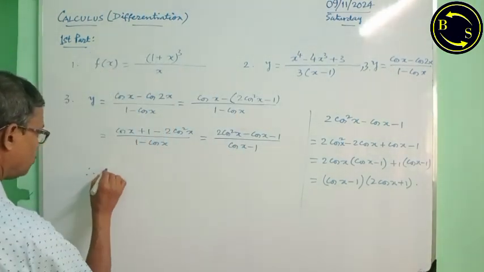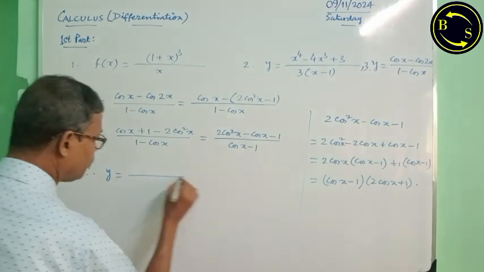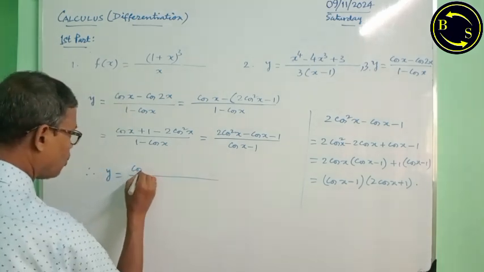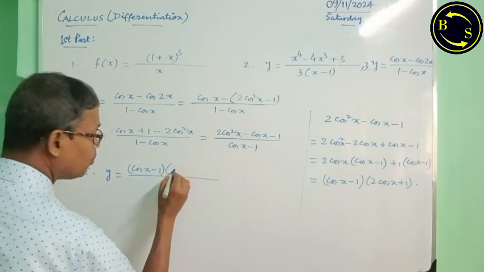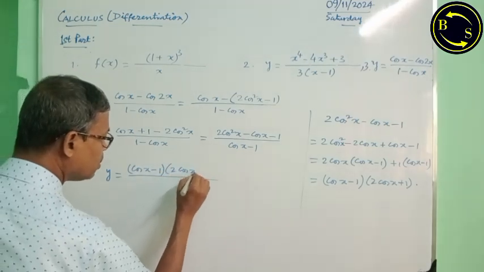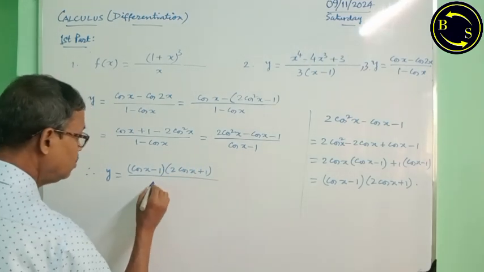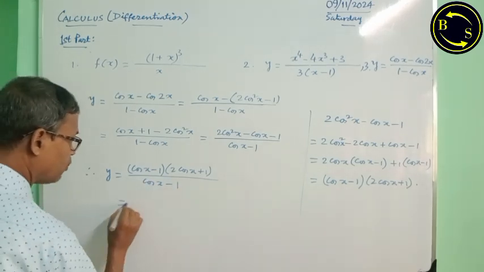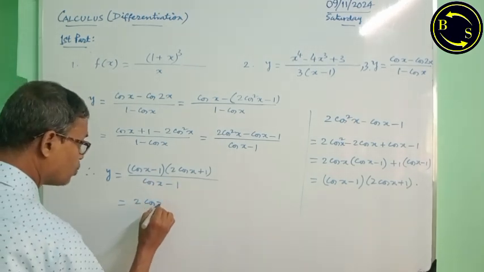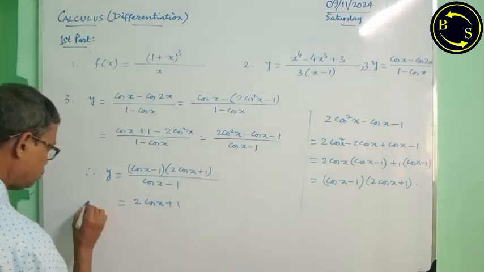Therefore, y is equal to cos x minus 1 into 2 cos x plus 1 over cos x minus 1. Therefore, this is 2 cos x plus 1.